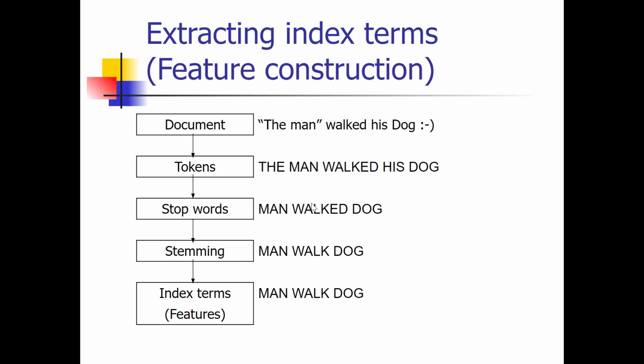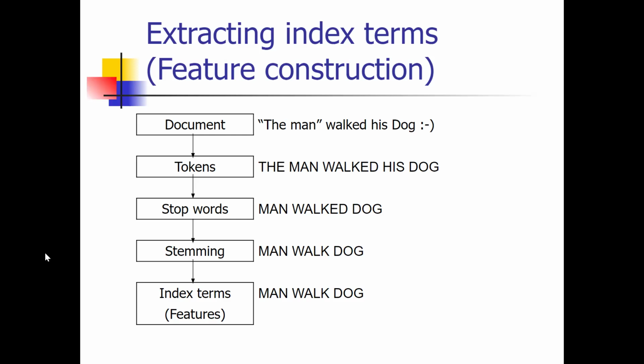So if you look at the whole process in one setting, you start with the document with all these punctuations, all these character forms and so on. Then you remove any punctuation and maybe convert into one form. In this particular case, you can see that this is converted into all capital letters.